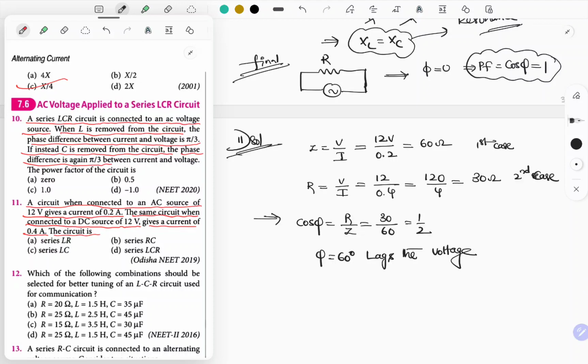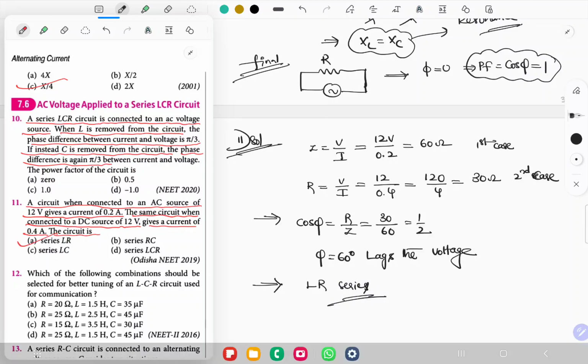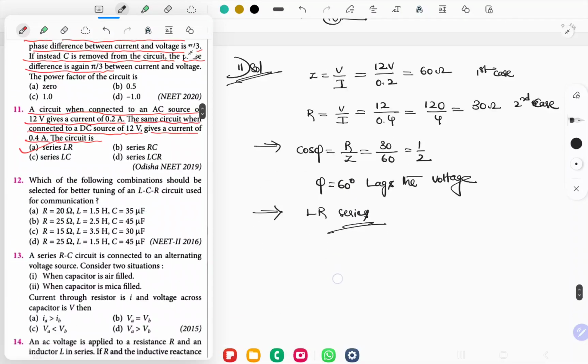As the current lags the voltage, it is definitely an inductive circuit, a combination of L and R. An LR series circuit, you can answer like that. Option A is the correct answer. Okay, let's move on to the next one.